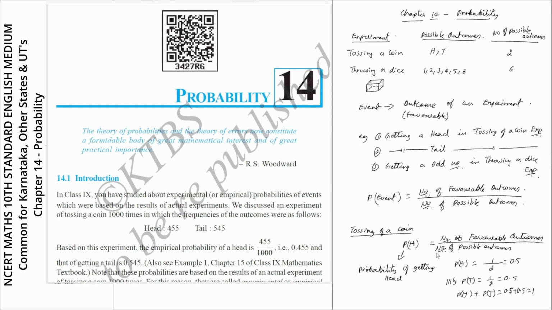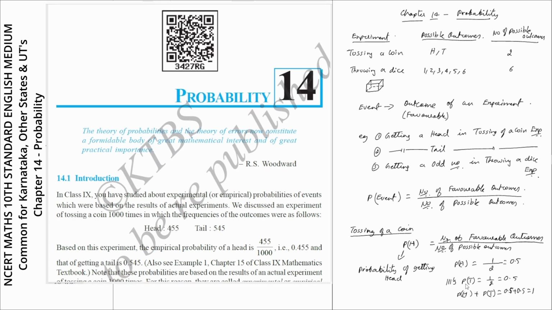So P of H is equal to, in the denominator, the number of possible outcomes, which is 2 in tossing a coin. The number of favorable outcomes can be found using the possible outcomes, head and tail. How many heads are there? Just one. That's why it is 1 by 2, which is equal to 0.5.